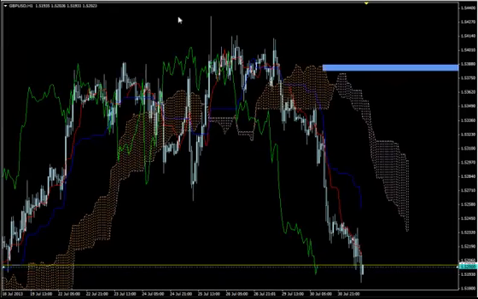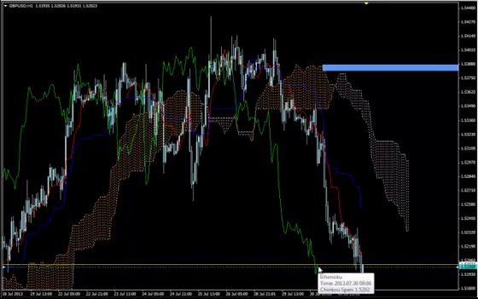And on the H1 we have a clearly bearish picture, 100%. No, it's not 100%, it's 90 something, because we see Chiku Span being turned upwards. We will wait to see it going straight down before we enter. Okay, ignore my entry line here, which is at 1.5200.